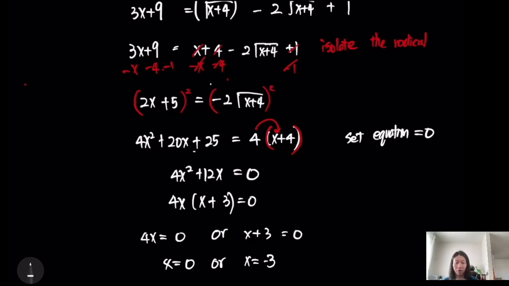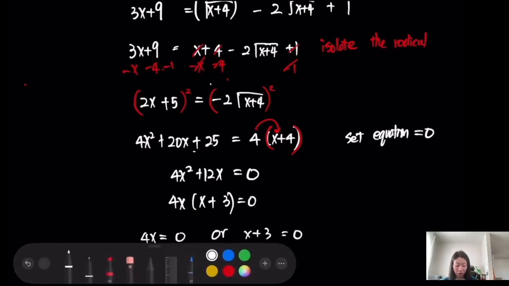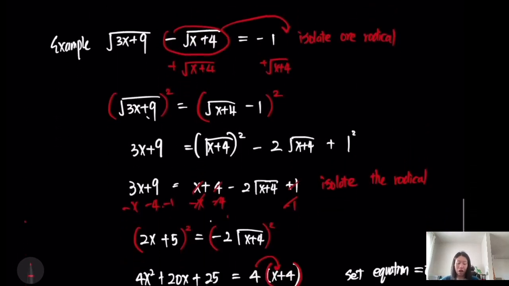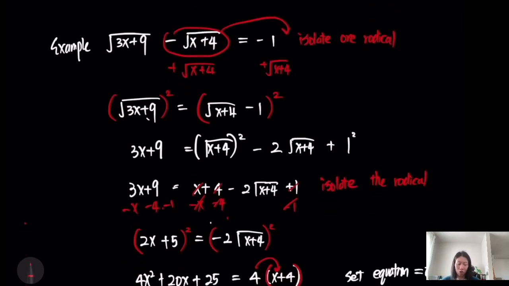I want to recap that. The tip for solving radical equations is that we are always trying to isolate. If you see a complex equation like this one, you always try to isolate one radical first so that you can get rid of that radical.